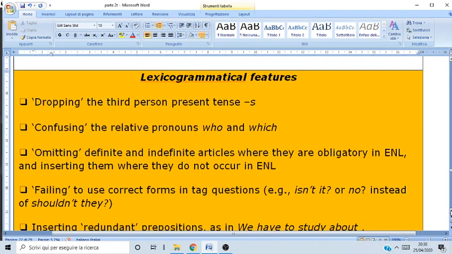So just like with any other simplification process, we can imagine that also for English as a lingua franca this is going to happen. There are going to be lots of simplifications. One is the dropping of the third person present tense S. Okay, so he watches, he watch.